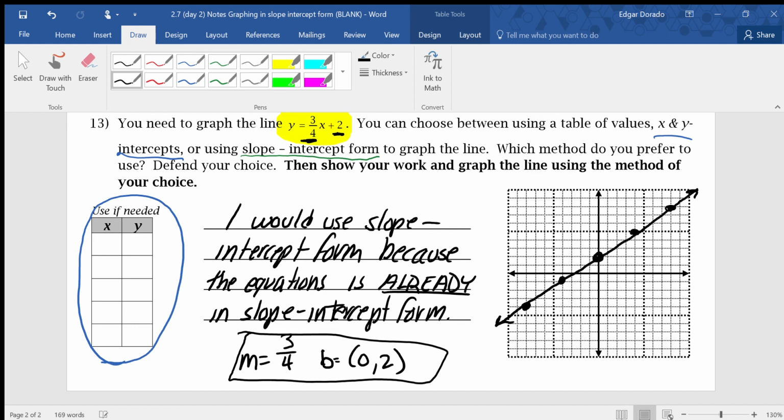But again, guys, there's no reason why you shouldn't be able to use your table of values or any of the other methods that we have tried. I just want to show you real quick, even though we're pretty much done, that if you did choose the table of values, it would have been a good idea to choose, like always, 0 for your starting x value, and then identify according to the equation how much you should go up or down by on your x input values.